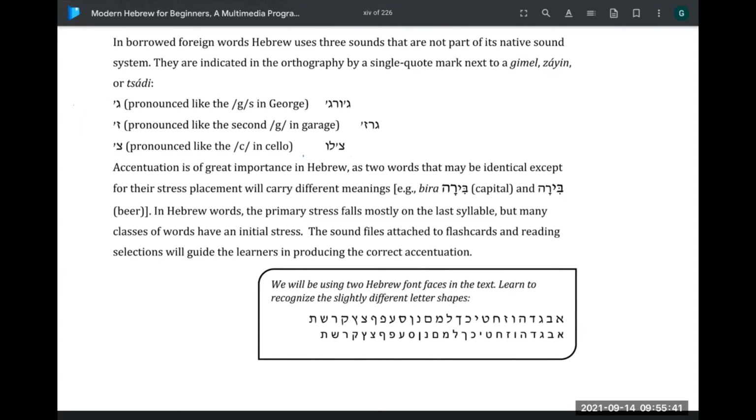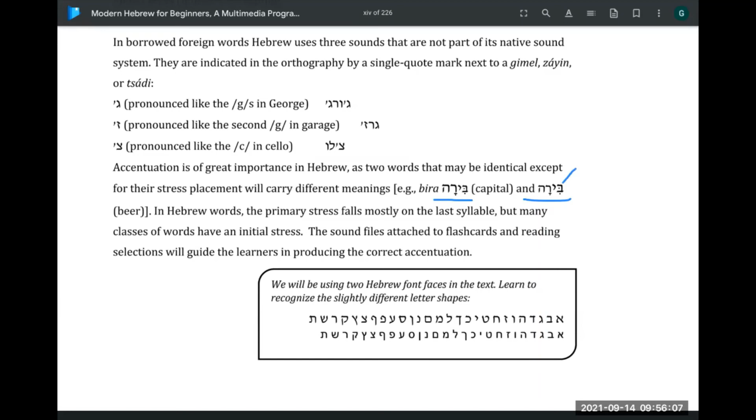Accentuation is of great importance in Hebrew, as two words that may be identical, except for the stress placement, will carry different meanings. Okay, so for example, bira. This is capital. Bira. This is beer. Okay, notice the stress here in bira, and in this is bira. Okay, bira.